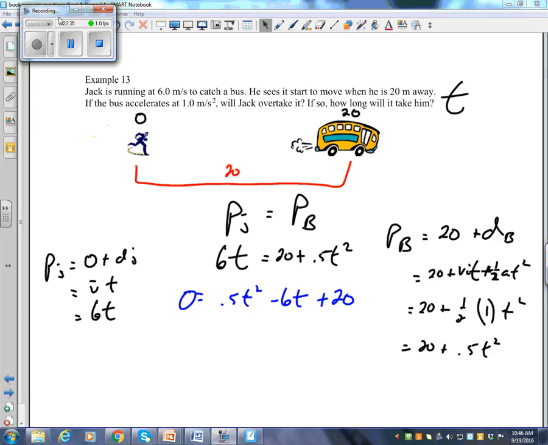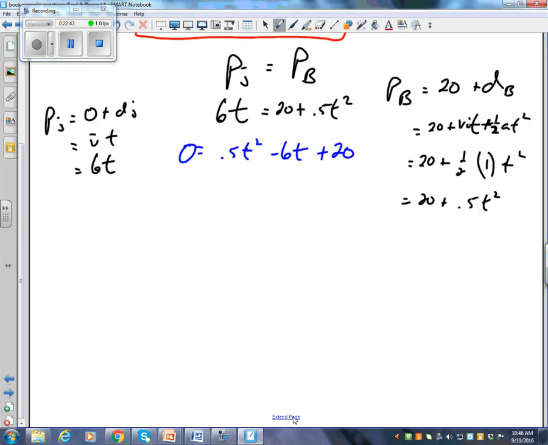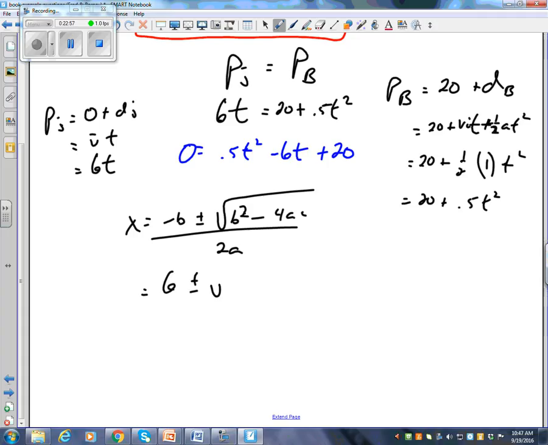Let's finish it up. Excellent question, Shelby. So I'm going to rewrite the quadratic formula just because it's a habit of mine. x equals minus b plus or minus the square root of b squared minus 4ac, all over 2a. So minus b would be 6, plus or minus the square root of b squared, which is 6 squared, which is 36.